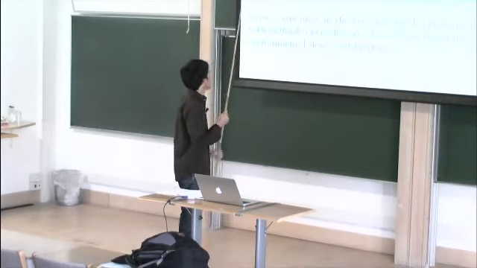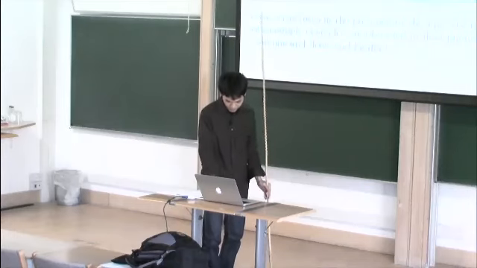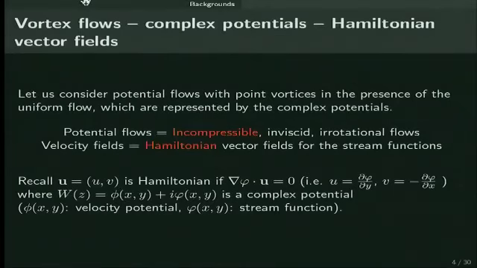And precisely, we deal with a vortex flow. It's a kind of potential flow with a point vortex in the presence of a uniform flow. And a potential flow is incompressible, inviscid, irrotational. It's an integral curve of the velocity field. The velocity field is a Hamiltonian vector field of the stream function.